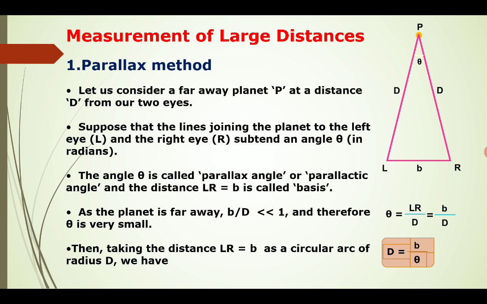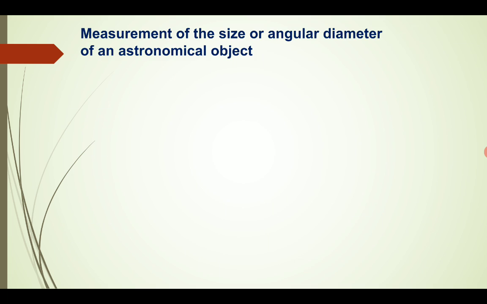So in this manner we can use this parallax method as an application in order to find out the diameter of an astronomical object. So let us measure the size of an astronomical object. In that case, let us consider a planet whose diameter is d, and we are standing on Earth, and this planet is at distance D from an observation point on Earth, making an angle alpha with the diameter.